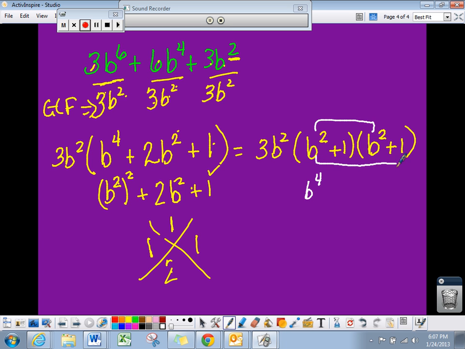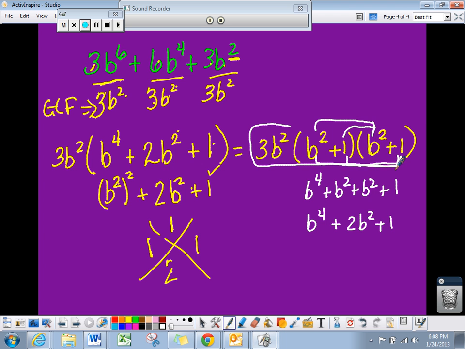B times b squared times 1 is b squared. 1 times b squared is b squared, and then 1 times 1 is 1. So we get b to the 4th plus 2b squared plus 1, which is what we have here. So the answer is this right here, is our final answer. And we just checked it to make sure. So we actually ended up having a trinomial within the actual finding of the GCF.